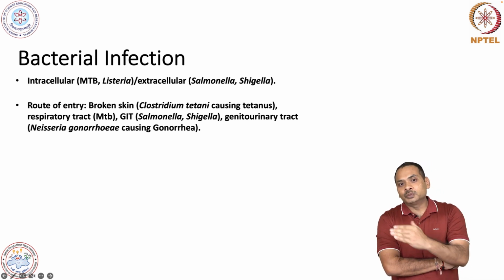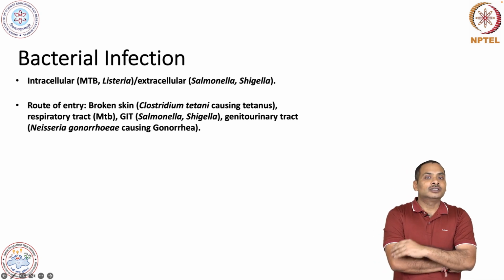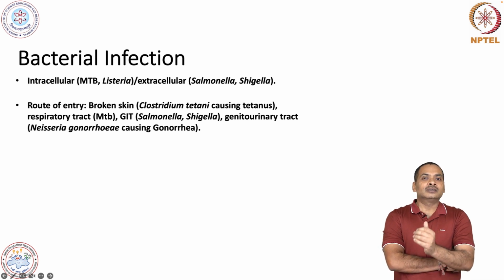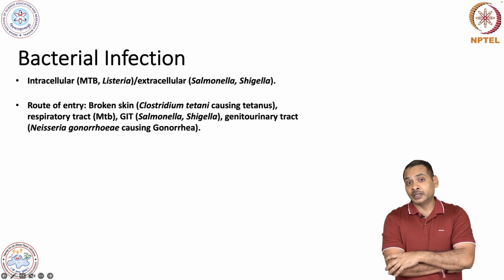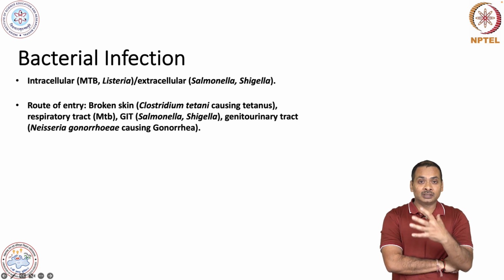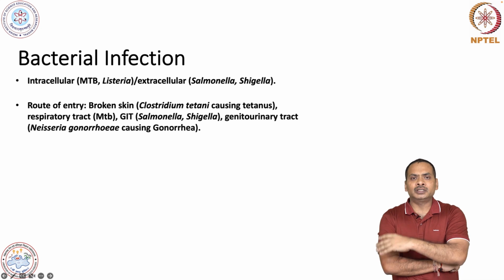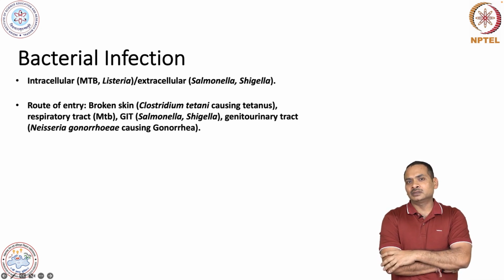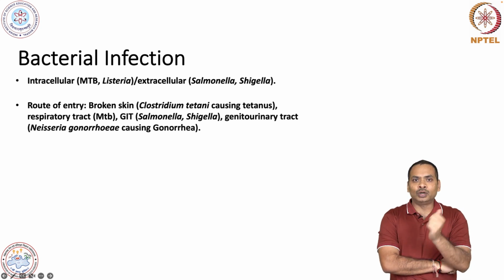Mycobacterium tuberculosis infection results in tuberculosis. Basically, there are two major kinds of tuberculosis. One is pulmonary tuberculosis. Pulmonary means lung tuberculosis. Another is extrapulmonary tuberculosis, and this can happen in any part of the body.